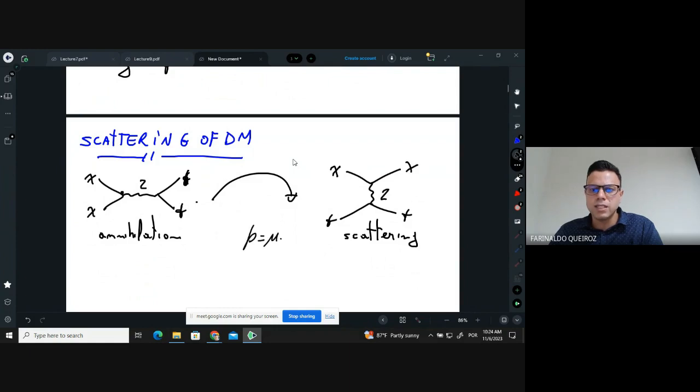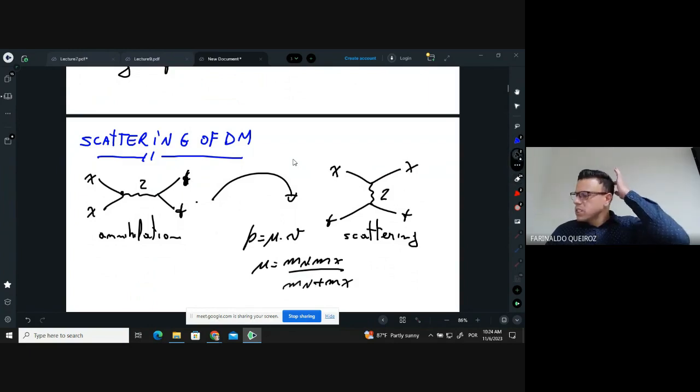P is the reduced mass times, let's say, velocity. And the reduced mass is the mass of the fermion times the mass of the dark matter over the mass of the fermion plus the mass of dark matter. However, this is not a fermion. What happens in practice is not a dark matter scattering off a fermion, it's scattering off a nucleus. So you have Mn and Mn.